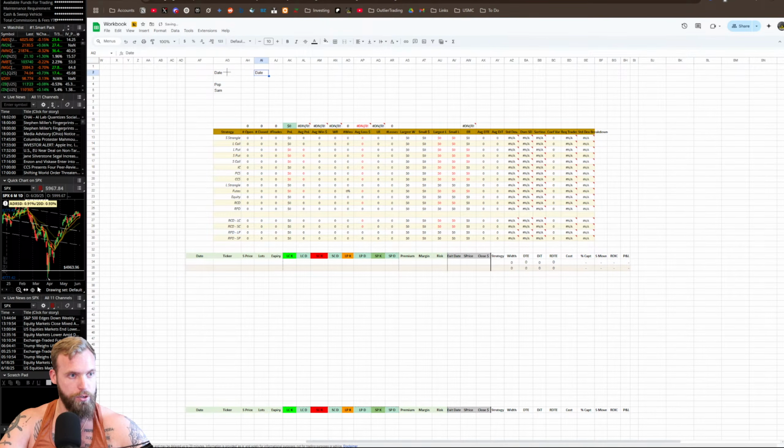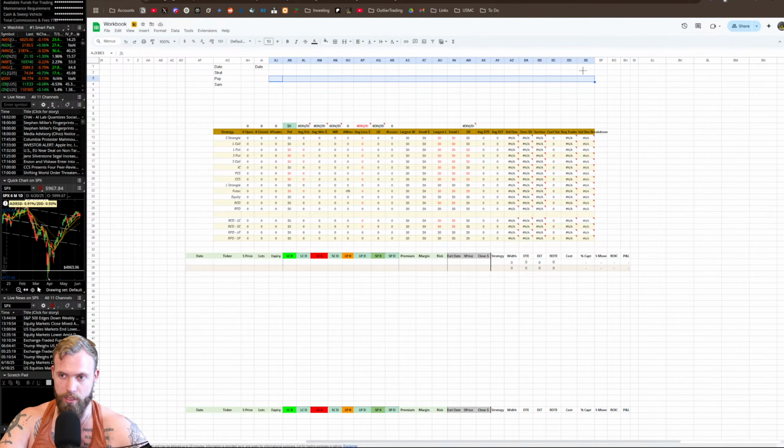Realistically, it actually looks like this, where it goes sideways. I use a drop down for my strategy, so it'll pull from any of these, and then it'll pull all of these population level statistics, which look at the entire log. And then I date bound it to take a look at the sample. So then I can quickly visualize, over the last week, how has this performed against the population?